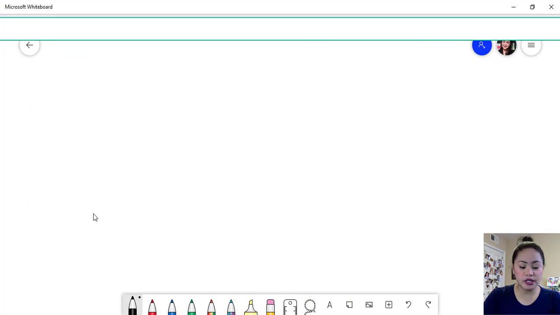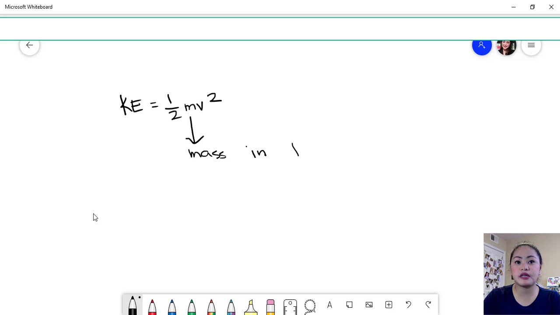The equation for kinetic energy is KE equals 1/2 mv squared, where m stands for mass, and it must be in kilograms. If the mass is given in grams, just know that 1,000 grams is equal to 1 kilogram, because kilo means 1,000.